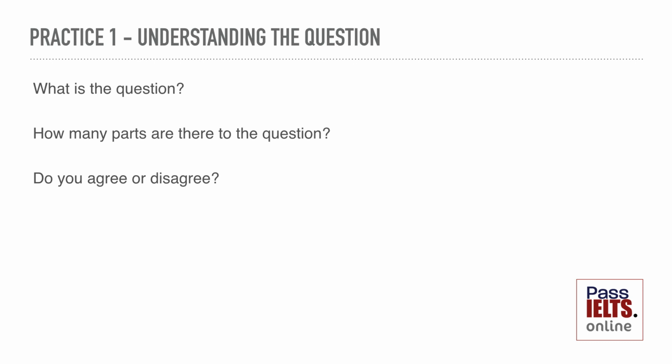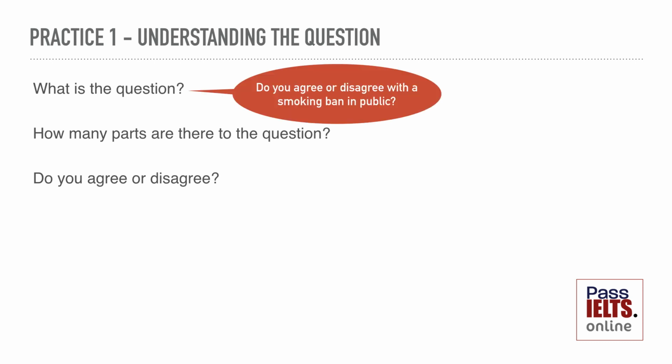First of all, what is the question? The question is if you agree or disagree with a smoking ban in public. Be careful here. It is not a question of banning smoking in offices. This in the question refers to the smoking ban in public places, not whether you agree or disagree with it.